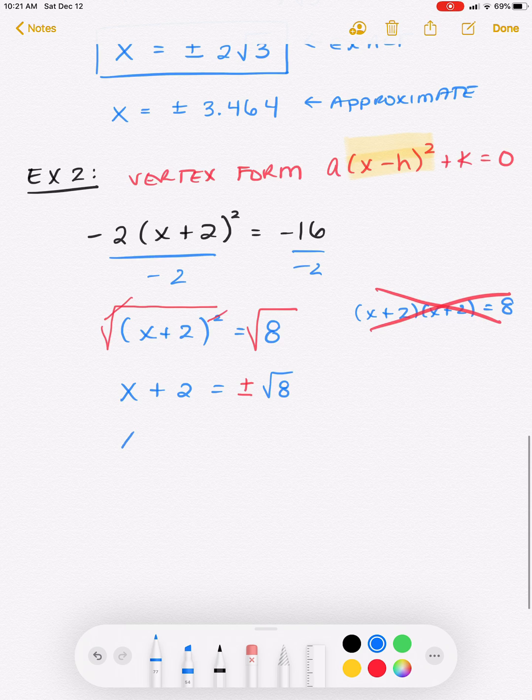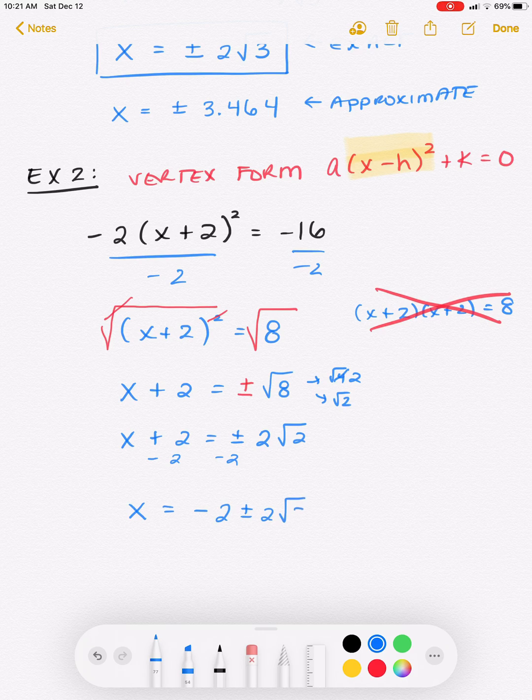In our next step, let's go ahead and simplify the square root of 8. I'm going to split this into square root of 4 and square root of 2. And this is going to be plus or minus 2 square root of 2, right? Now finally, we're going to subtract 2 from both sides, which then brings up the question of where do we put the negative 2? Well, the negative 2 is going to go out in front of the plus or minus.